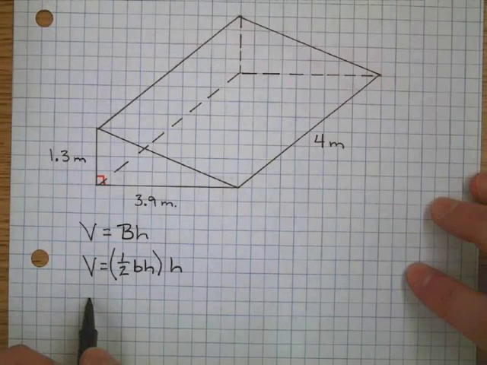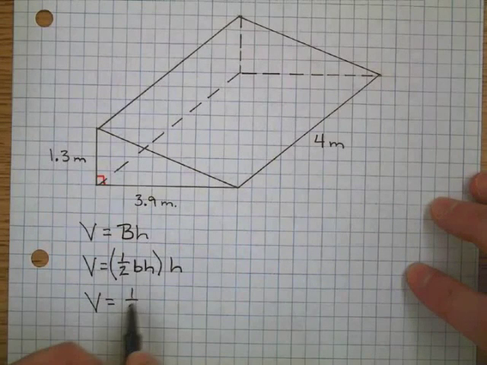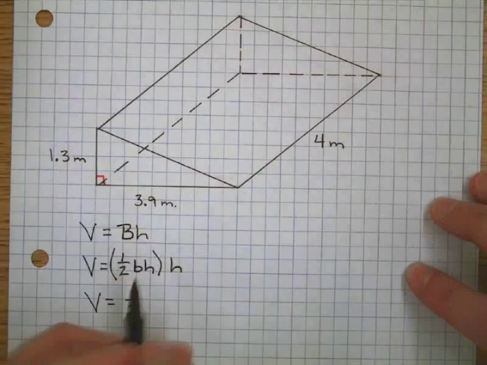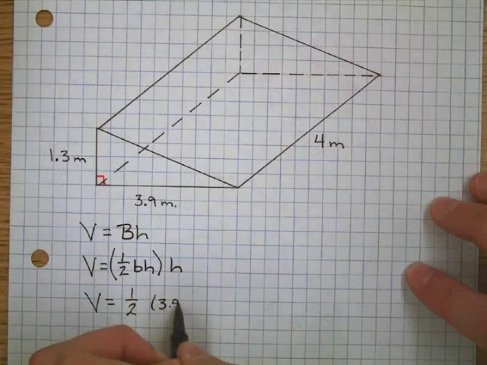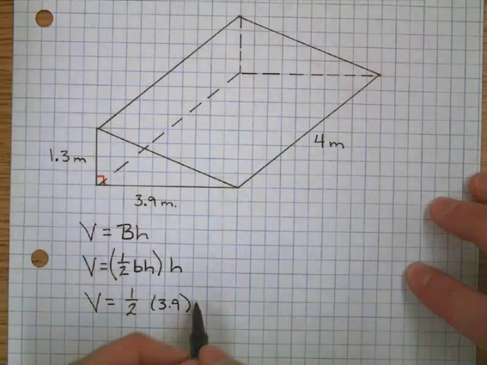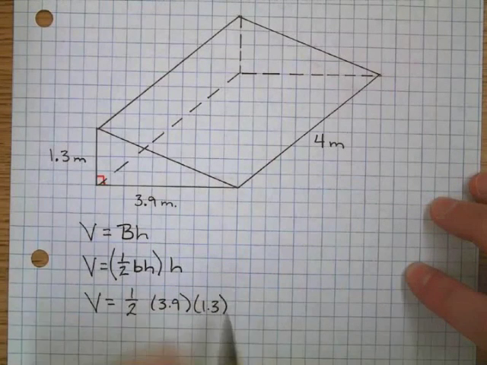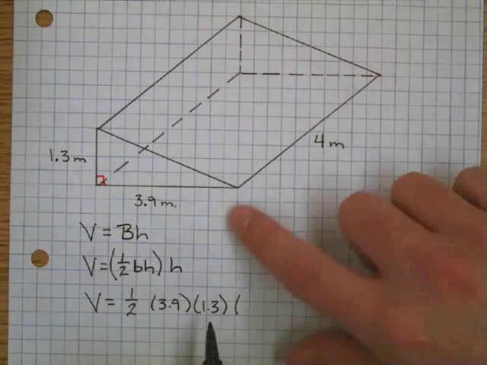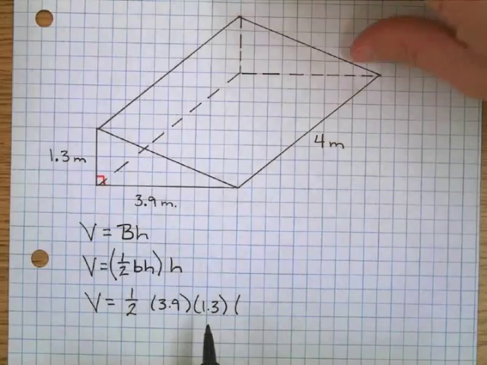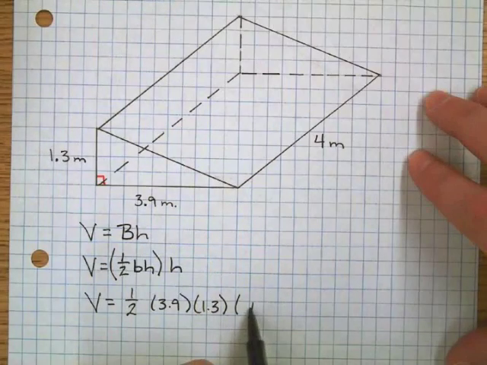So we could think of this volume as 1/2 times the base here, and we'll say that's 3 9/10, multiplied by the height of that triangle, 1 3/10, multiplied by the height of this entire prism, this distance along there, which is 4 meters.